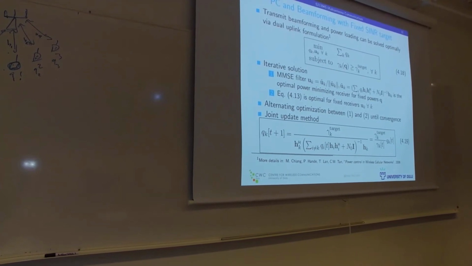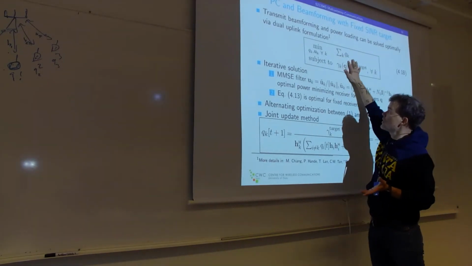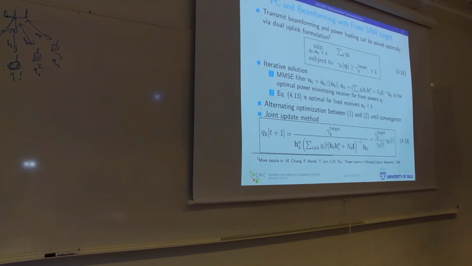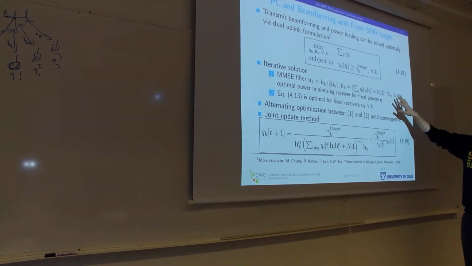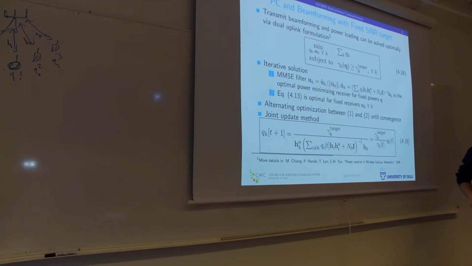Okay. Then for fixed Q, we could actually write a Lagrangian and do some tricks and minimize the Lagrangian to find U, which turns out to be a scaled version of the MMSE receiver. Right? You can do the calculus.